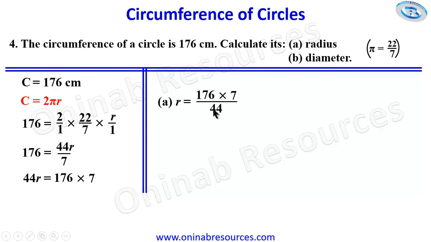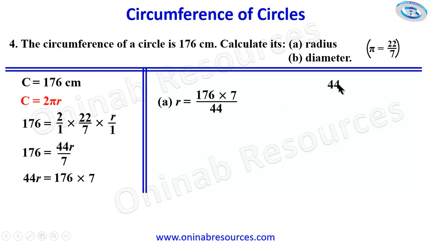So what we do now is multiply 44 by a number to give me 176. So with that, we'll be able to divide 176 by 44. By 3, this is going to give us 12. Yeah, this is going to be 4.